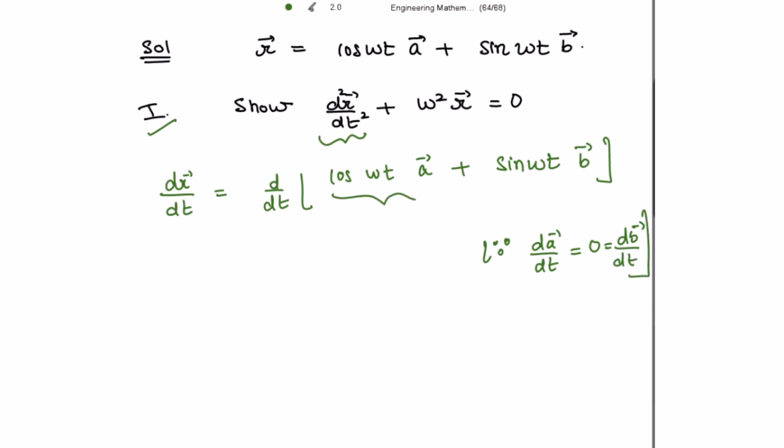So now differentiating this first term, according to the formula, we have the first function times the derivative of the second one, plus the second function times the derivative of the first one.